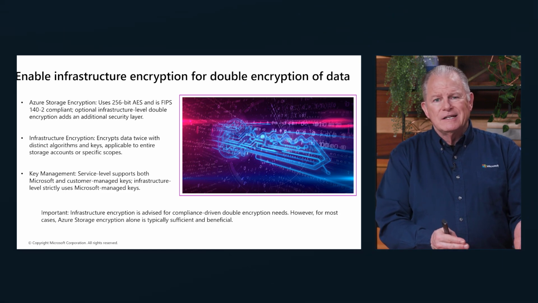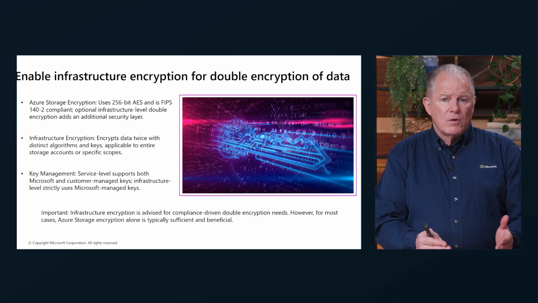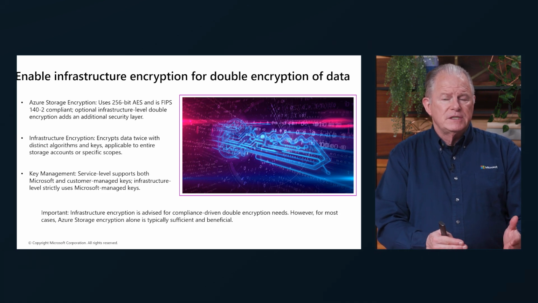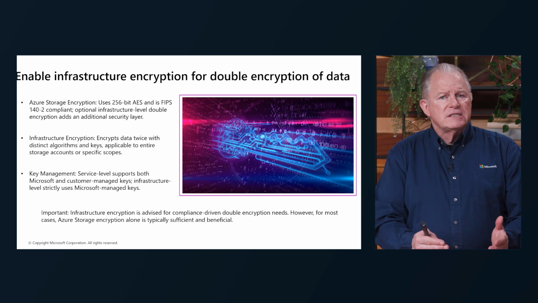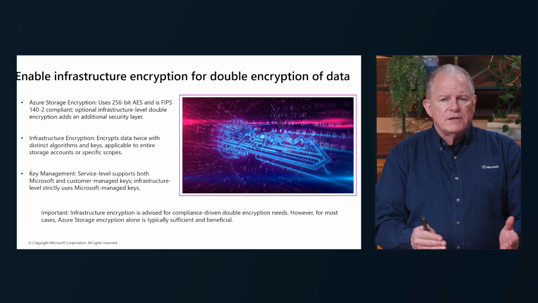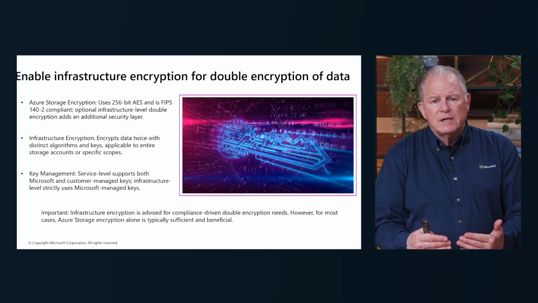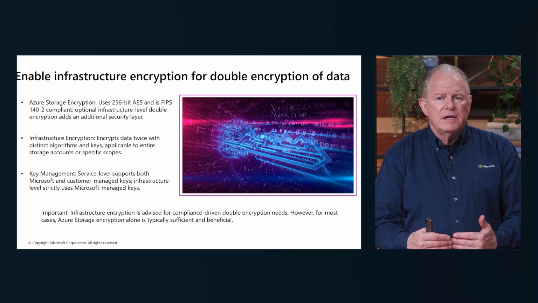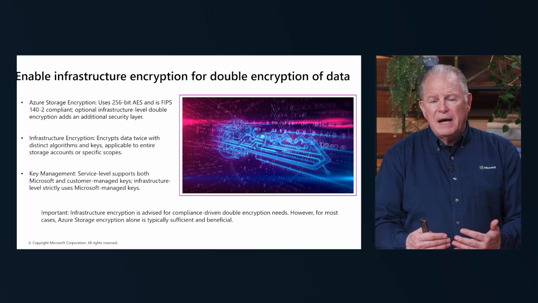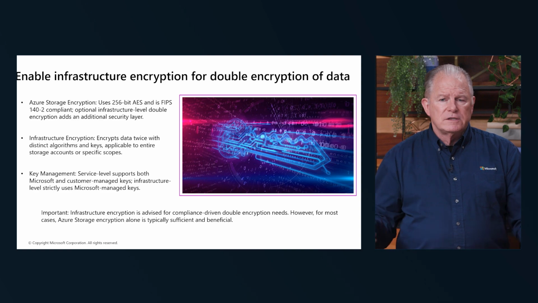We showed you that in a storage account where you may store the VHDs for your virtual machines that you're working with, you can use disk encryption in there. So we have all these different levels of encryption where if you need what's referred to as double encryption, you can use the infrastructure components in addition to the native encryption capabilities by default to meet your organizational requirements for double encryption.